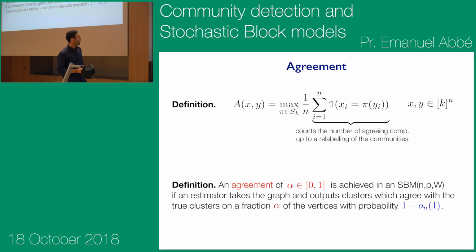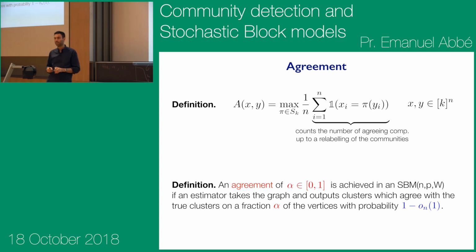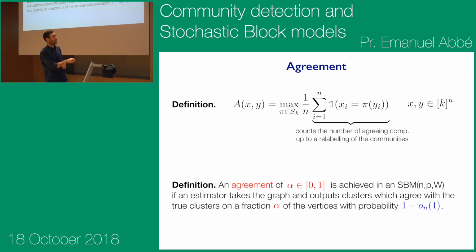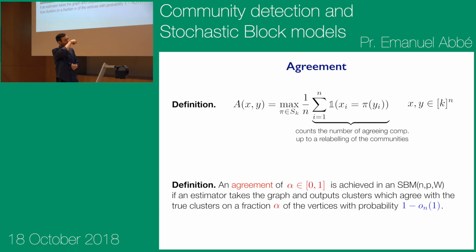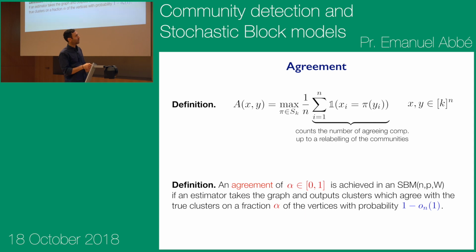And now we're going to say that an agreement of alpha, a number between 0 and 1, because at most everybody is right, which gives you an agreement of 1 since I normalized, or in the worst case perhaps you could get 0, is achieved in an SBM model if there is an estimator, some algorithm that takes the graph and outputs the colors on the vertices just from the graph, such that the agreement is alpha with high probability.